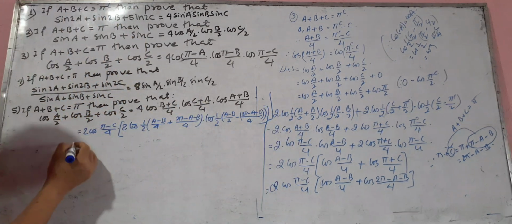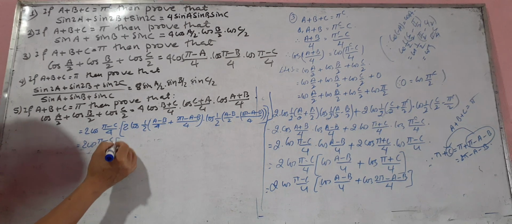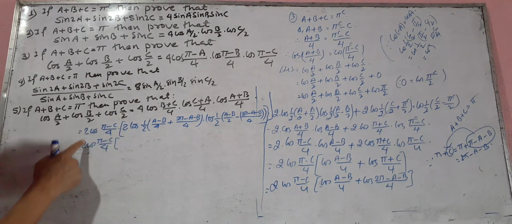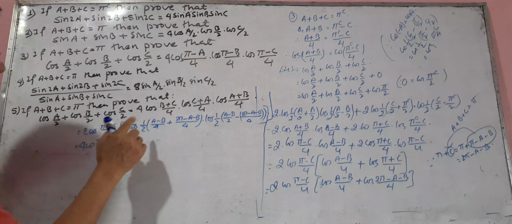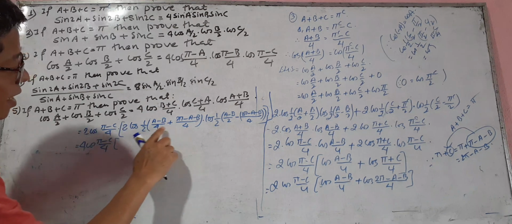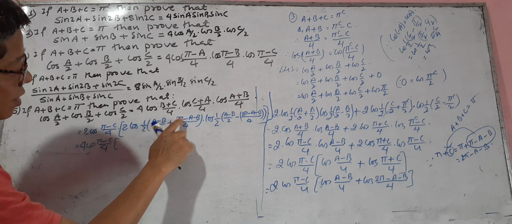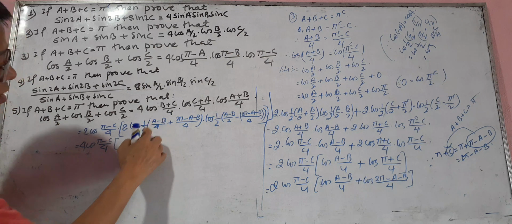Okay, so cos (pi minus c)/4, 2 twos are 4, you can write here 4. Now look here, adding these two fractions, it is a plus sign, so there is no change in sign. That means a and a cancel out.